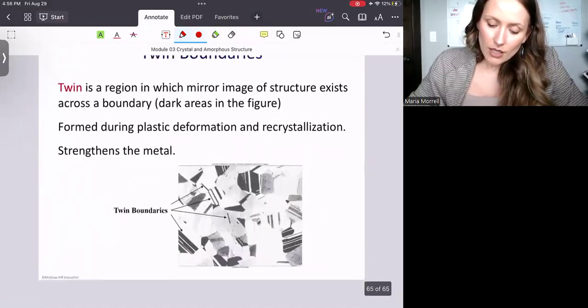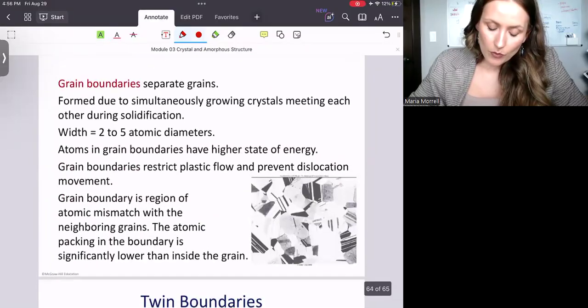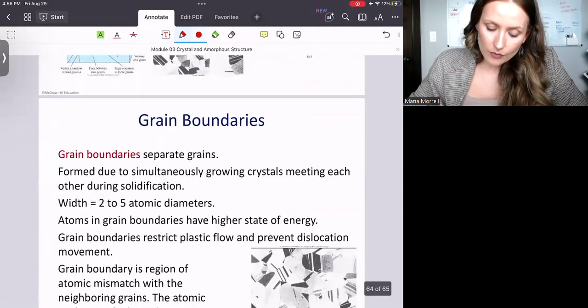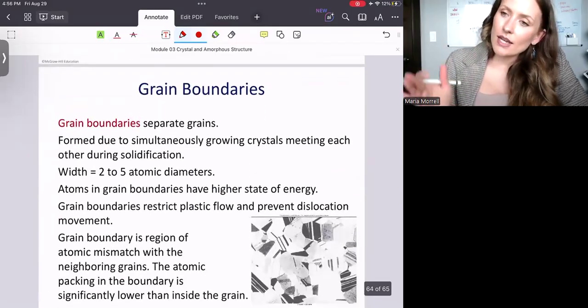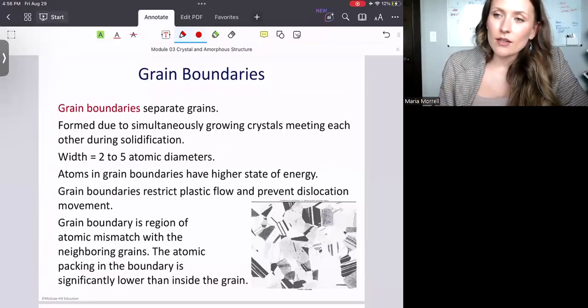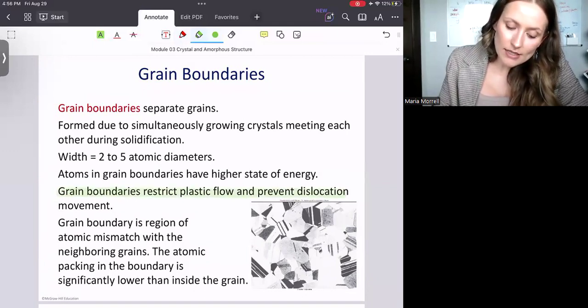The last thing I will show you about this, I'll say it now, however, I won't expect you to know it yet because we're going to have a whole lecture dedicated to it. But I will say that the grain boundaries restrict the plastic flow.